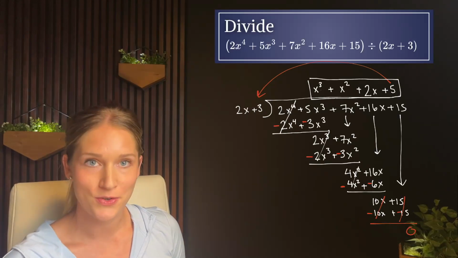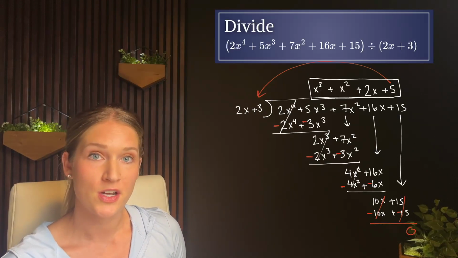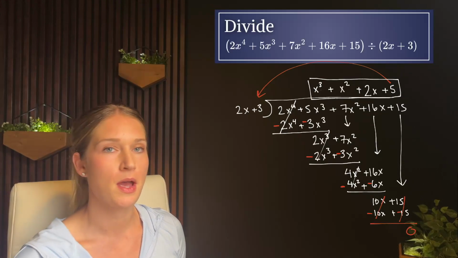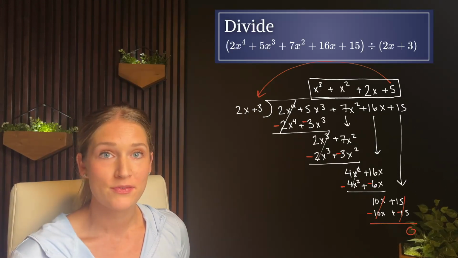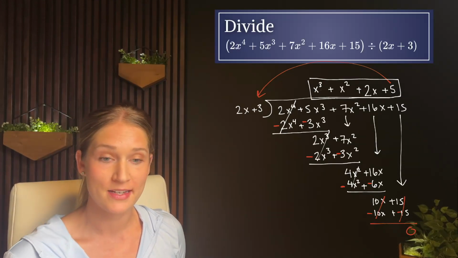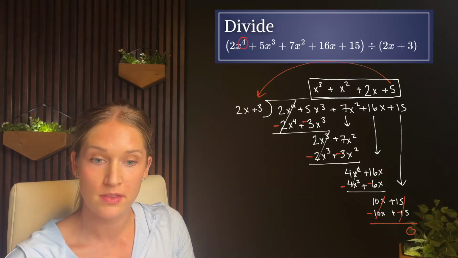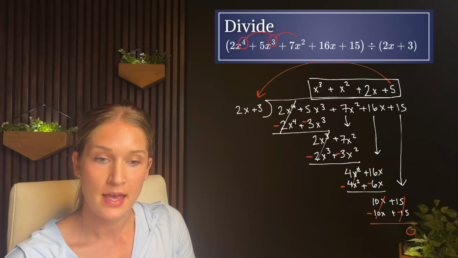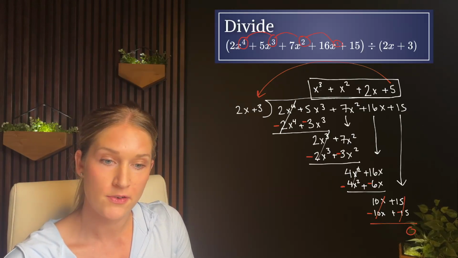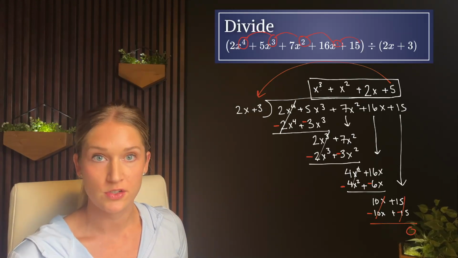with no remainder. A couple of things we'll talk about in later videos is what happens when you have a remainder, what happens if not all of your powers are represented. So for example, in this one, we've got an x to the fourth, then we drop to an x to the third, x squared, x to the first, and then we have our constant term with no x's.